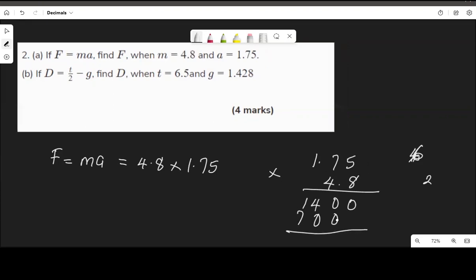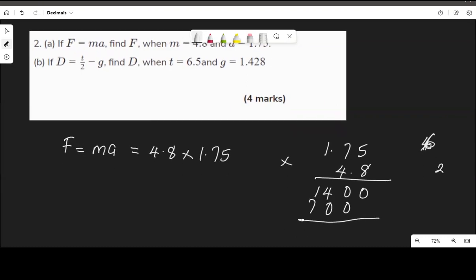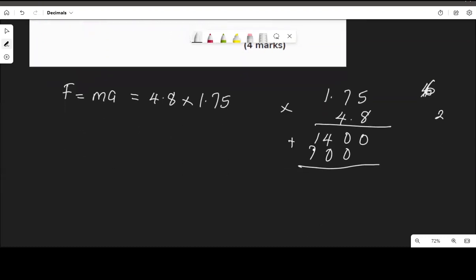And we add up this product together. Bring 0 down. 0, 4, and 8. Now I'll need to count the number of decimal places that I have in the numbers. Here I have 1, 2, then 3. I will count accordingly. My decimal point is right here. Now I'll count 1, 2, and 3.